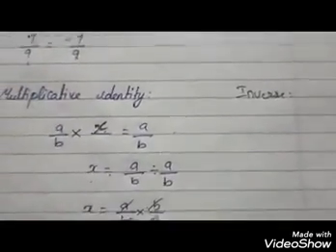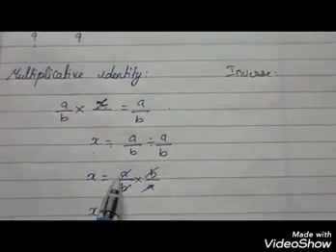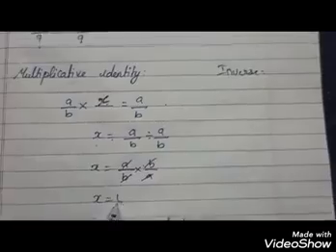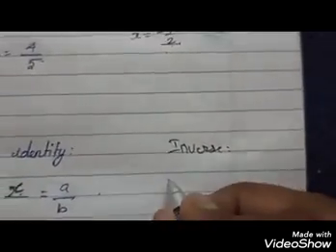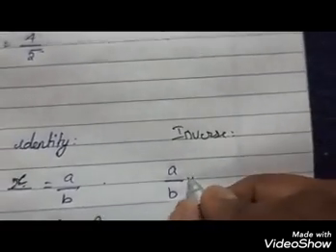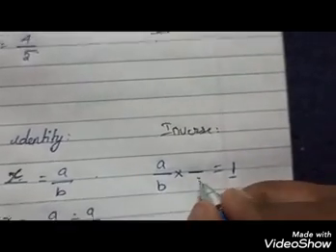Now we need to take the inverse. If you take the reciprocal of a number and multiply, you get 1, which is the multiplicative identity. For example, a by b is one of the values. It is multiplied with some value and it becomes 1. To get the multiplicative identity, you need to multiply with the inverse.